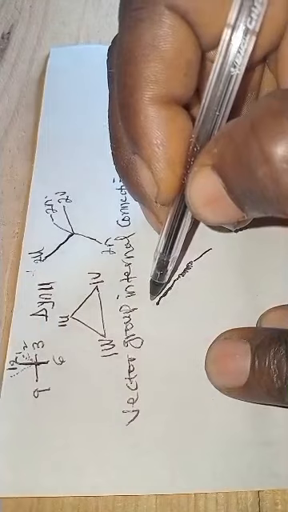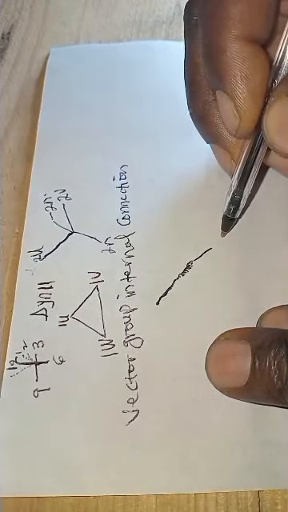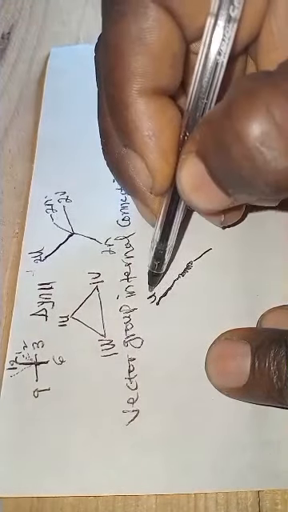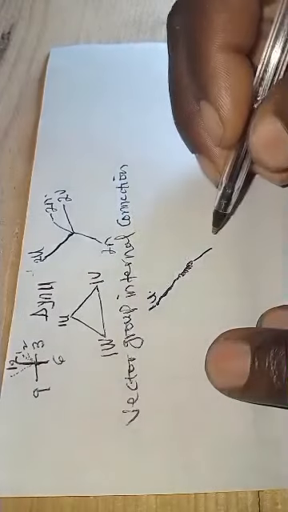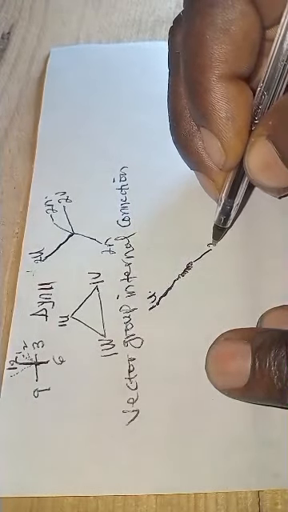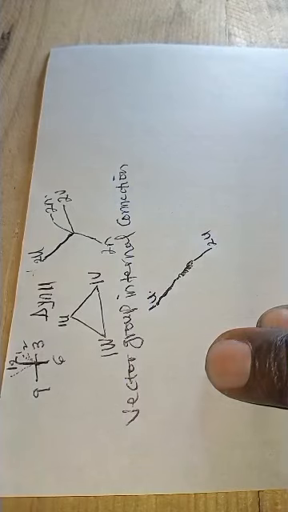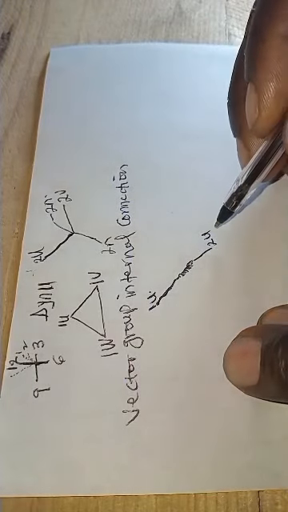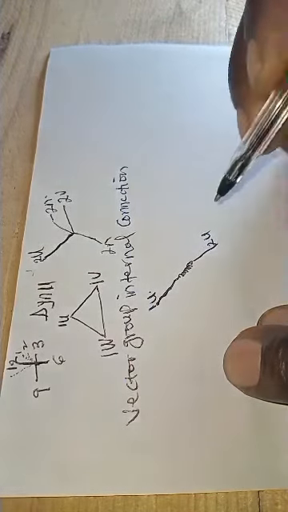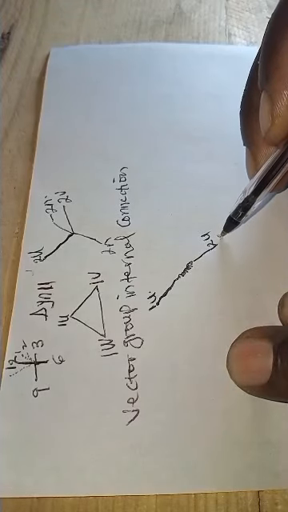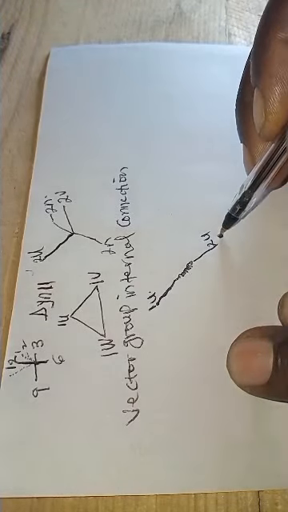This is U. Let's name this 1U, 2U. Can we see? So I have another one here this way.